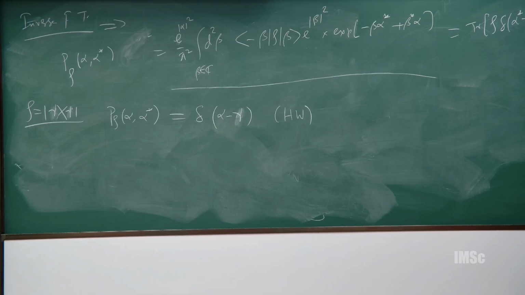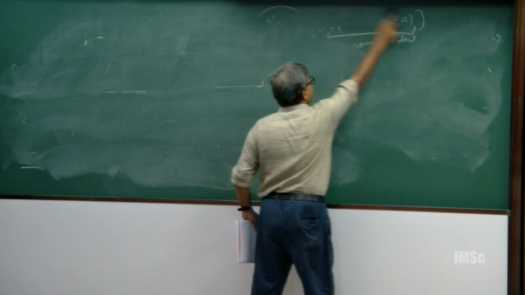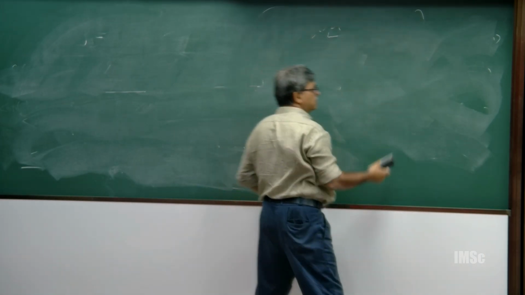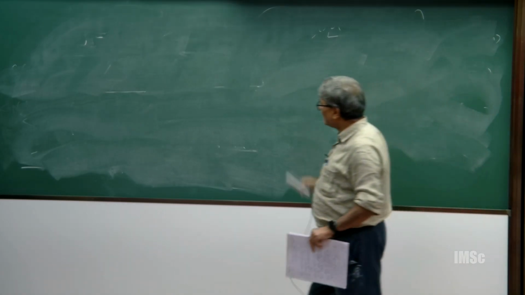Right. Now, let us look at, okay, I will have to erase this part, I will come back to this later. Generally for complex numbers, people say this is a 2-dimensional delta function, but that is okay.